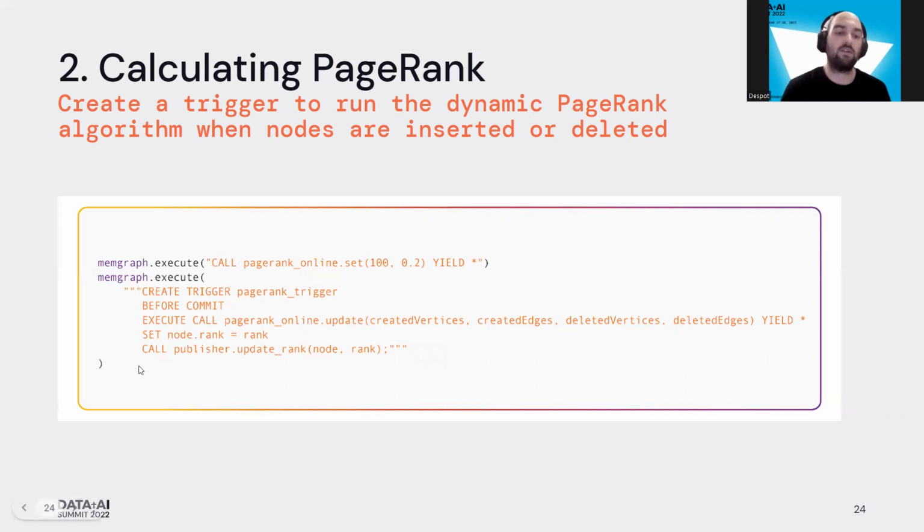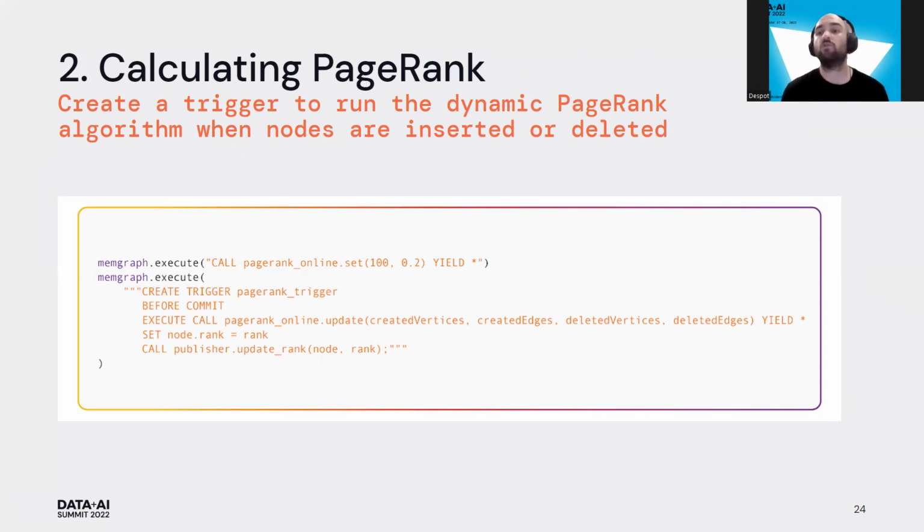And then we call a custom procedure, which is called publisher.updateRank. This is a very simple Python script that contains a Kafka producer. Each time a node gets a new PageRank value, we need to make sure to send it to a Kafka topic, so the backend server and the front-end client can also visualize this change in the value, because the radius of the nodes depended on the PageRank value.